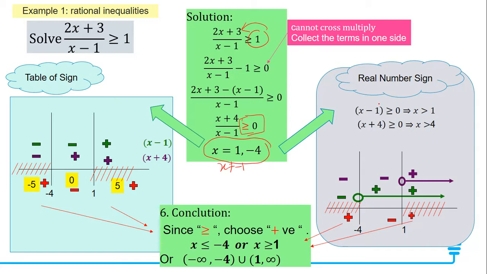We move the numbers to the other side: x greater than 1, and x greater than or equal to -4. x greater than -4 is a solid one.